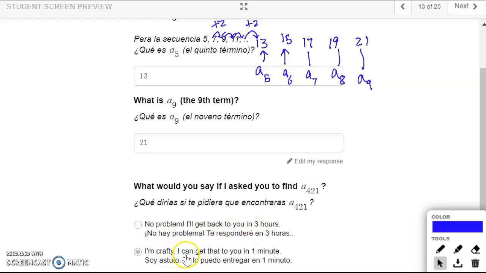Or I am crafty, and I can get that to you in 1 minute. So how would I do that? I don't know how to do this yet. So I want you to reflect on how you feel about it. Do you think you could figure out what a sub 421 is, the 421st value of the sequence?